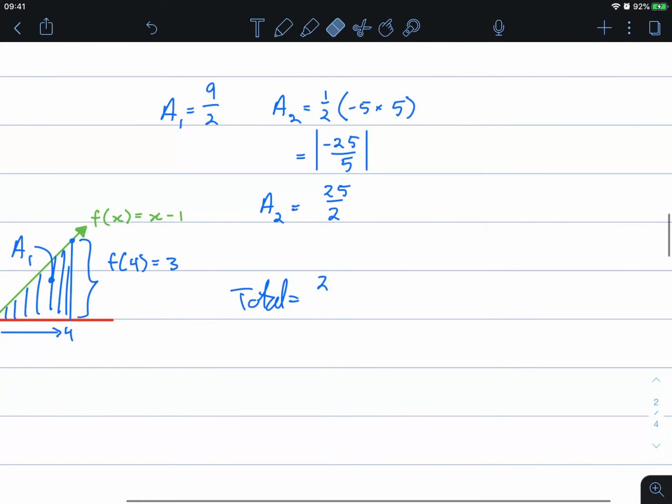This gives us 34 on 2, which is 17 unit squared.